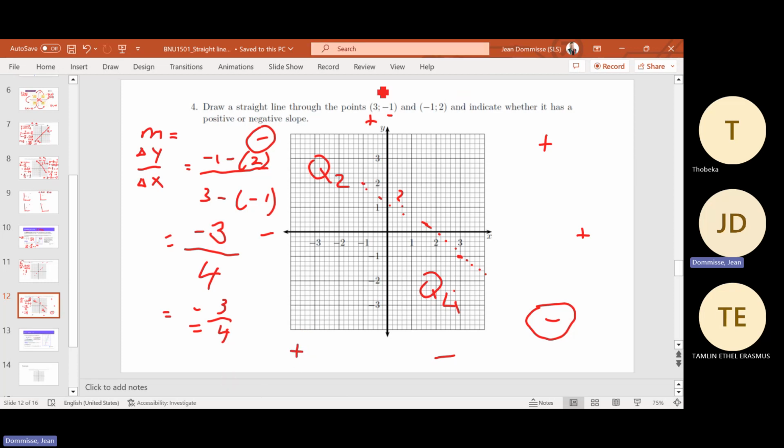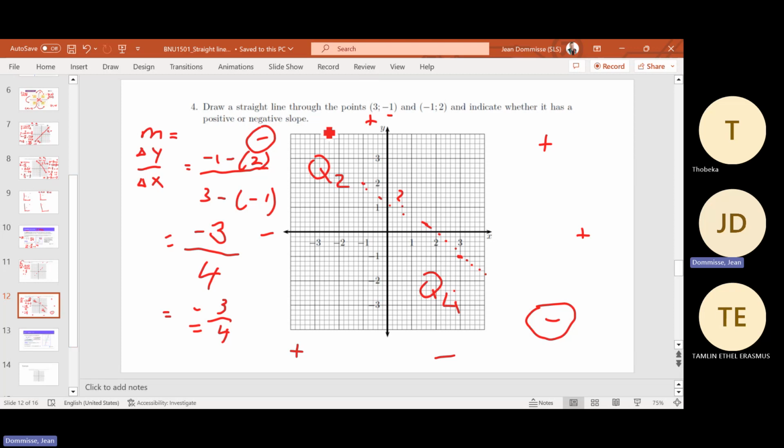So that's why when you look at the slopes and you look at your points, if it is in quadrant 2 and 4, you got the negative slope. If it is in quadrant 3 and 1, positive slope. Okay, so again, just things to pick up when you are looking at these kind of things.